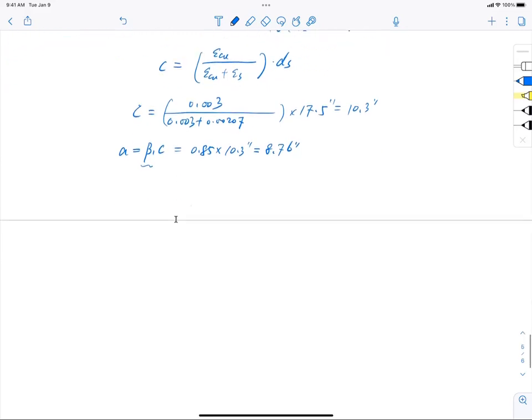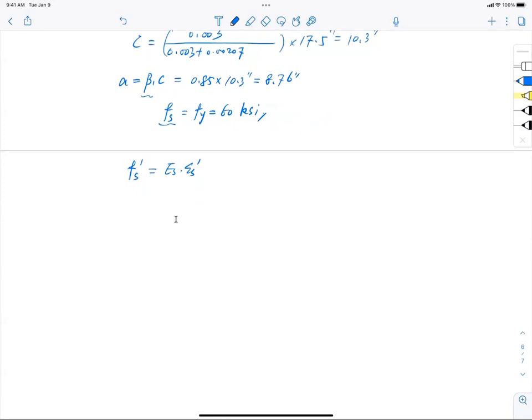And now with all this, I can start mapping the stress in the steel. The stress in the tensile reinforcement, Fs, because it is a balanced failure, I know has yielded, so that equals the yield strength of the bar, which is 60 ksi. Now, talking about the steel, I have my compressive reinforcement as well. Fs prime should equal Es multiplied by epsilon s prime, that is Young's modulus Es multiplied by the strain in the compressive reinforcement, which can be calculated using (c minus ds prime) divided by c, multiplied by epsilon cu.